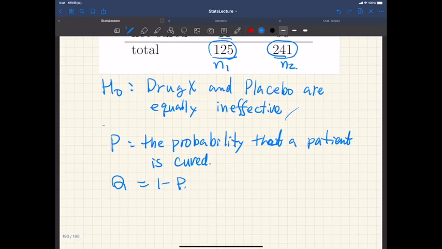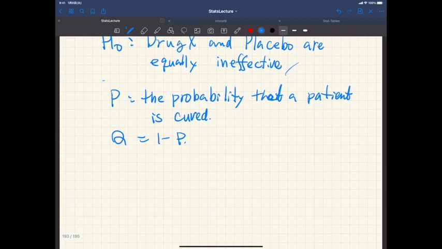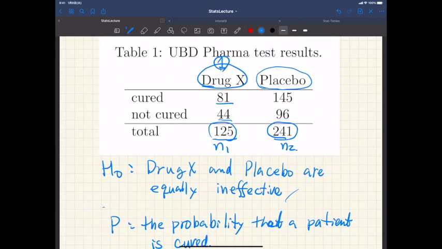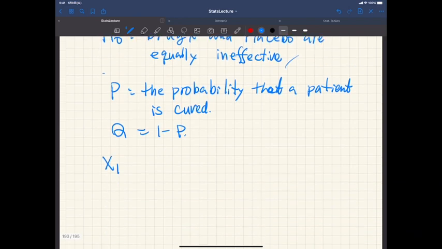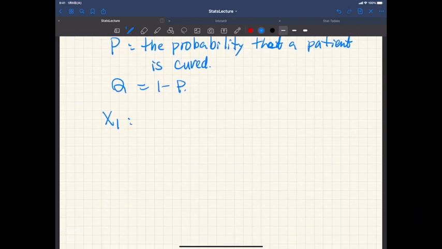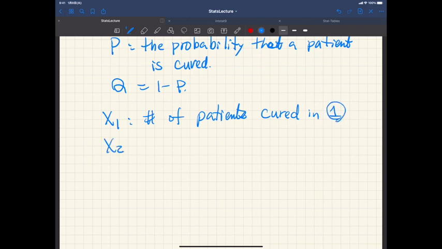So this is experiment 1, experiment 2. X1 is the number of patients cured in experiment 1, and X2 is the number of patients cured in experiment 2.